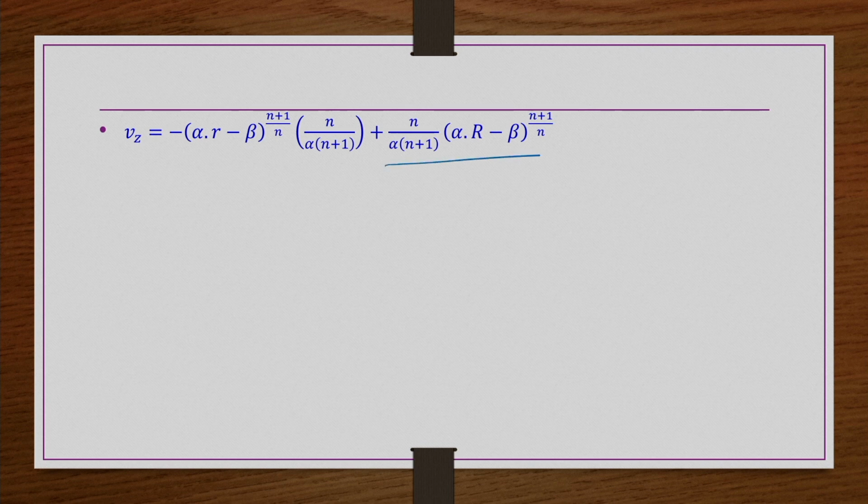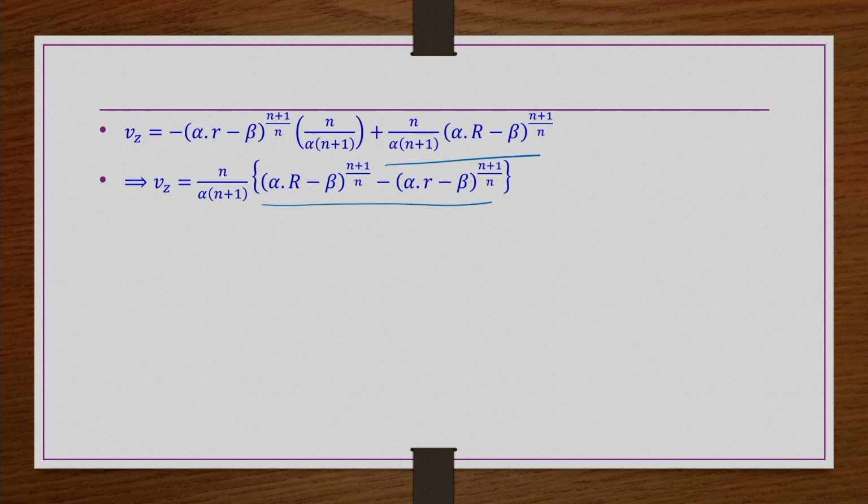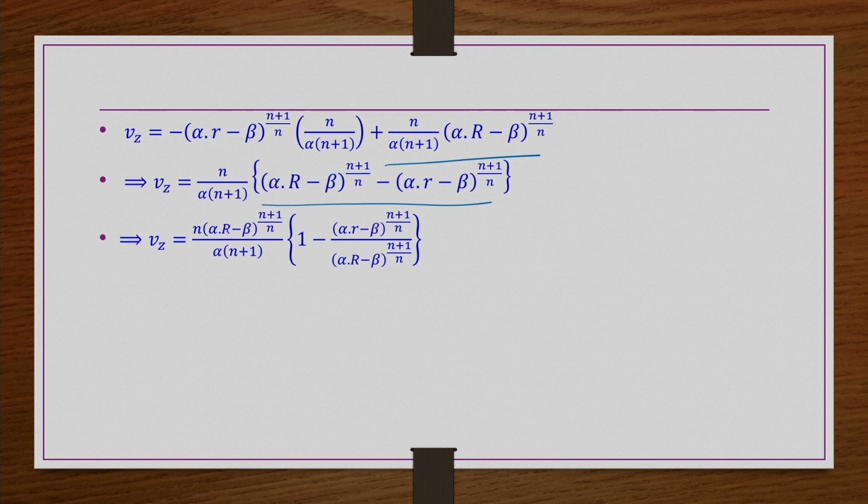So, when you do that, you get Vz equals this value C3 and this other value, right. Now, we take n by alpha times n plus 1 as a common term. Next, we take alpha capital R minus beta, power n plus 1 by n, as common, so then we have 1 minus this term.